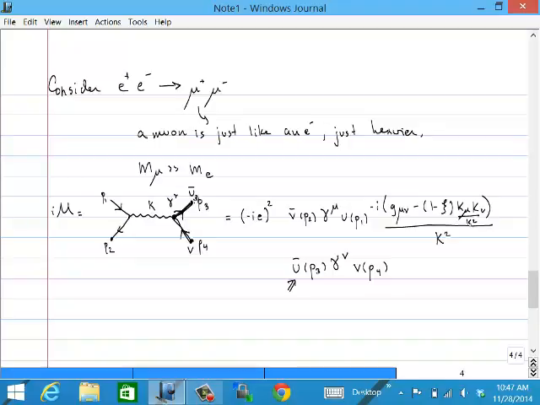But V bar gamma nu U is the same as U bar gamma nu V. Actually, no, they're complex conjugates of one another. Sorry, that's what you would get if you complex conjugated the diagram, right? So you need to remember the rule that you need to start with the outgoing arrow. I guess that's the best way of saying it.